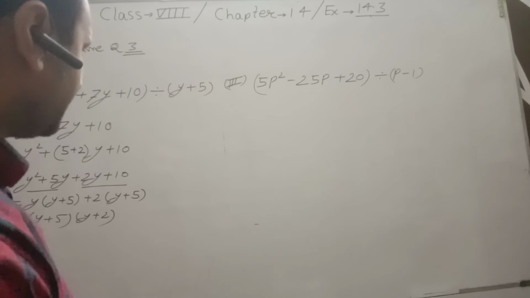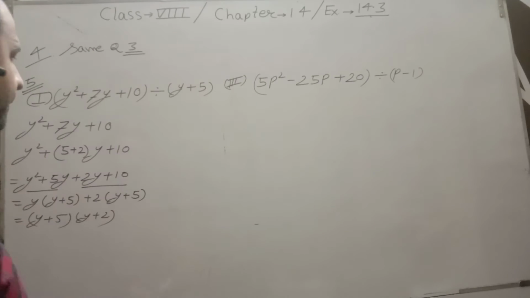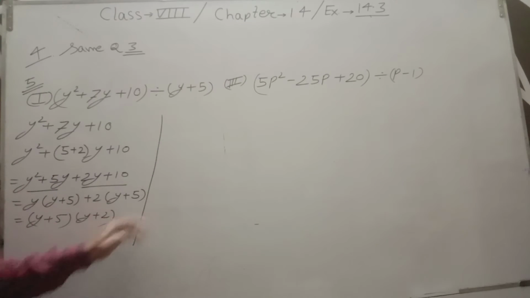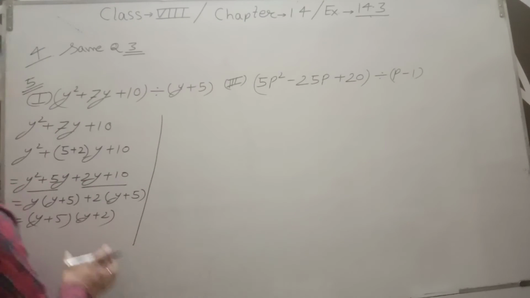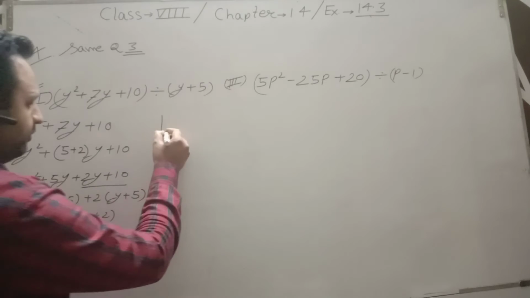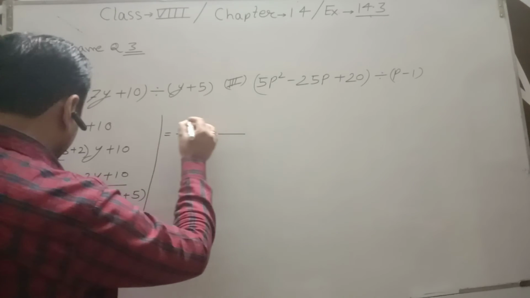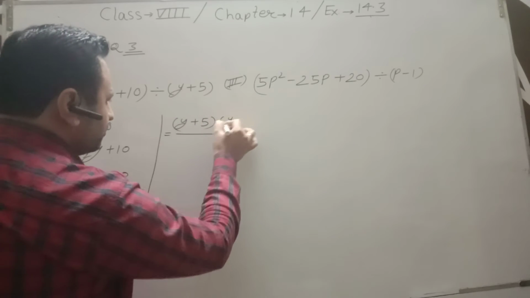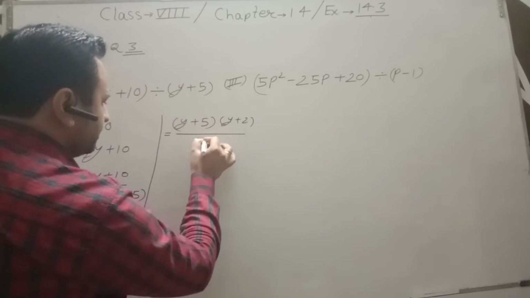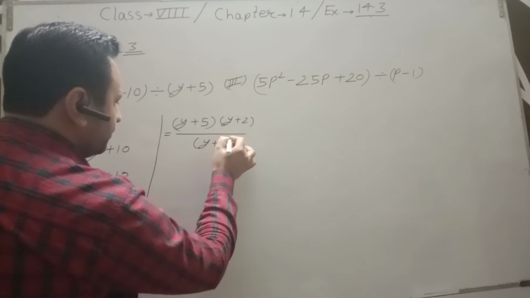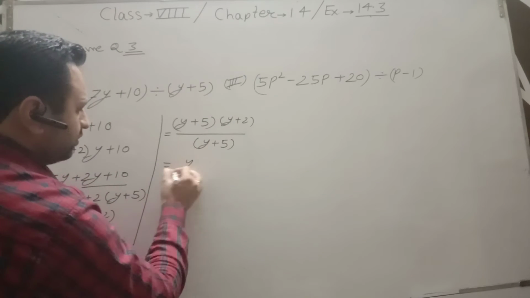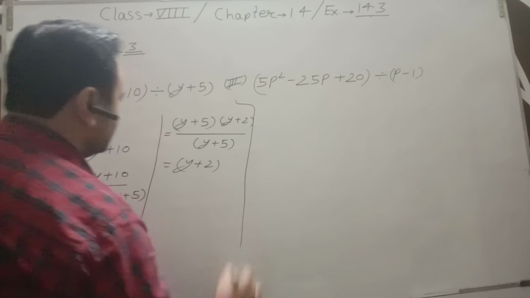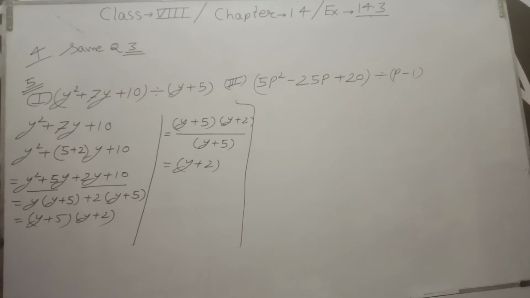The denominator is y plus 5, and there is no common factor to take out. Now we write the numerator in factor form, (y plus 5) into (y plus 2), and in the denominator y plus 5. This bracket is cancelled out and the bracket (y plus 2) remains. So its solution is y plus 2.